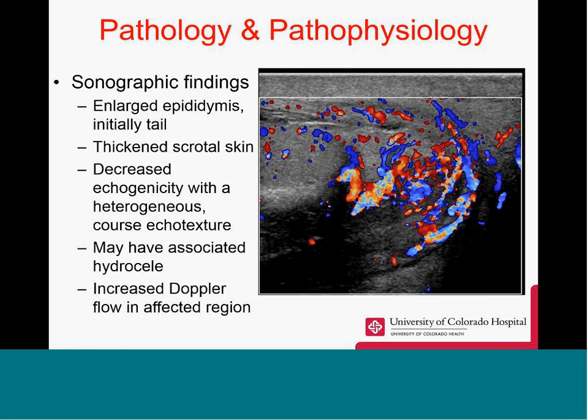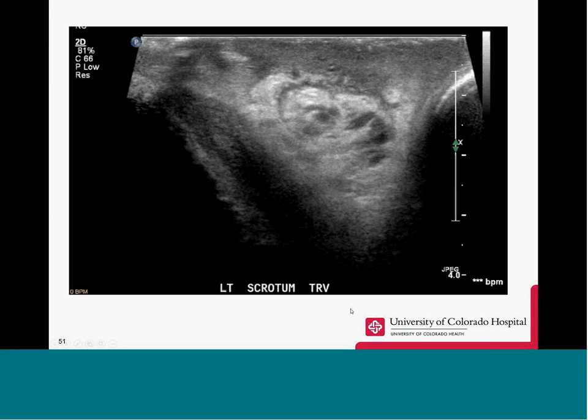Seen here, color Doppler flow, we have the testis, our enlarged epididymal tail with increased color Doppler flow, our thickened scrotal skin, and if we moved our color box up, I bet we would have increased flow within the wall as well. This was supposed to be a video, but I believe it's not going to play.